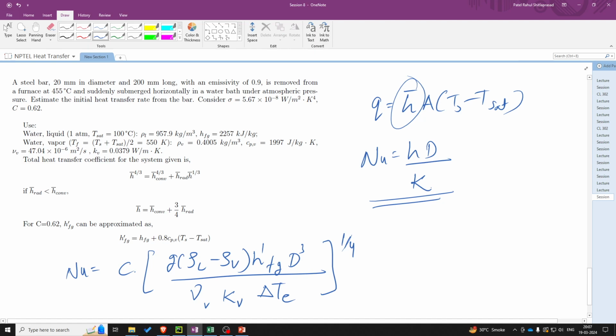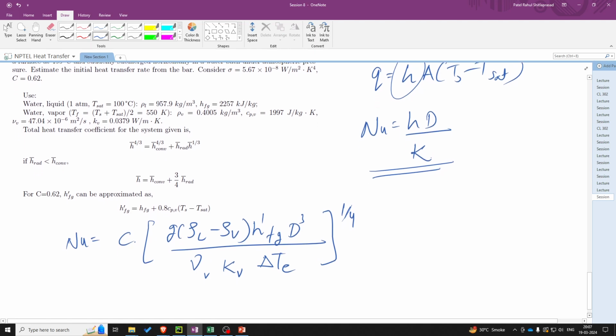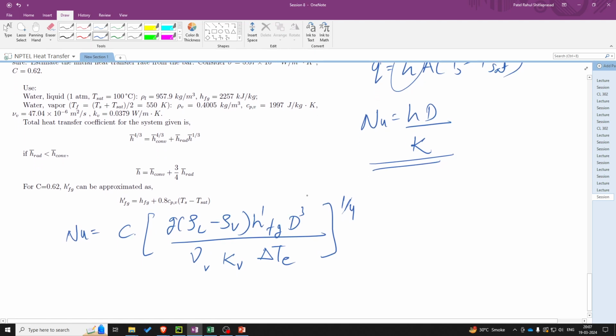So these equations will be provided whenever you have to solve such kind of questions. From this, you can replace all those values in order to find the value of the heat transfer coefficient.